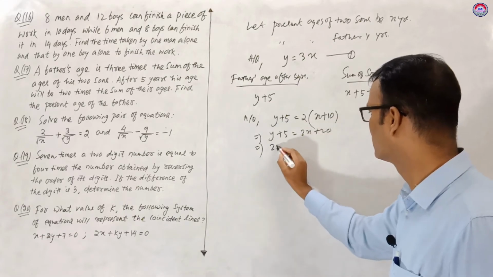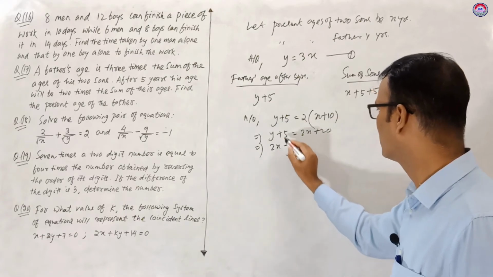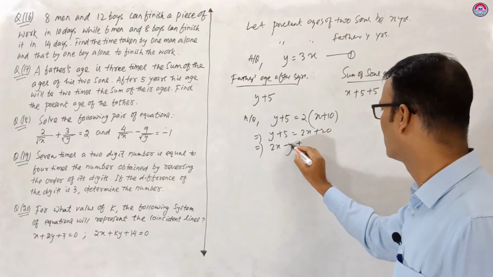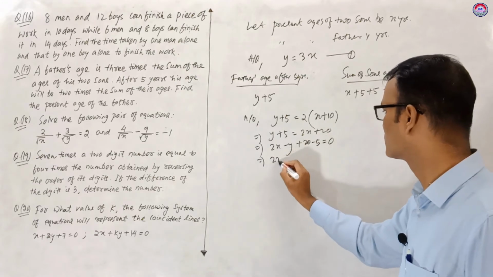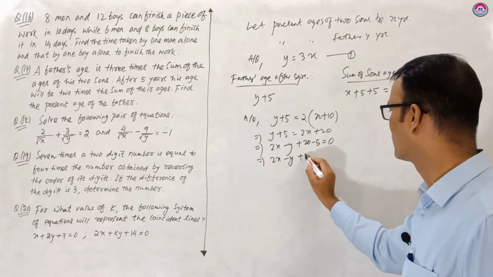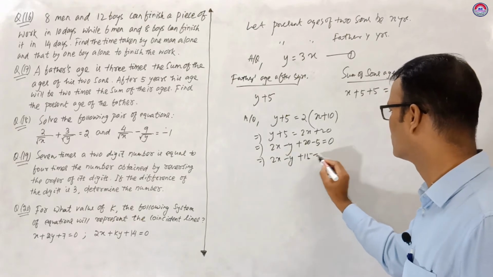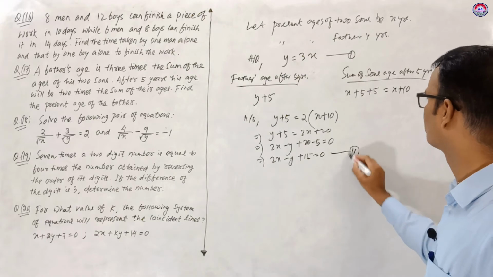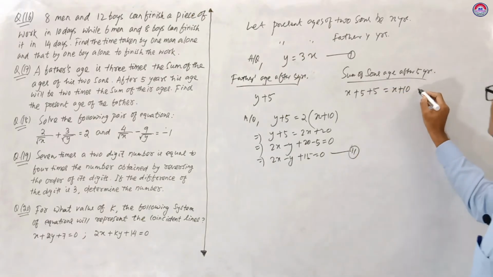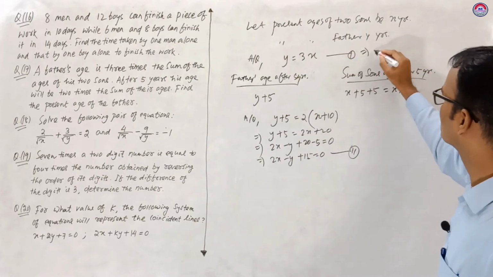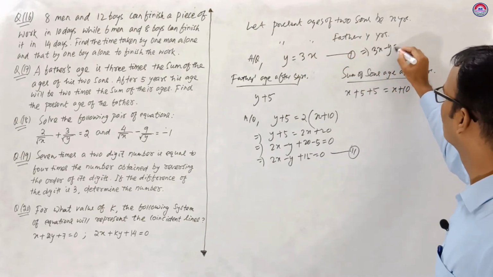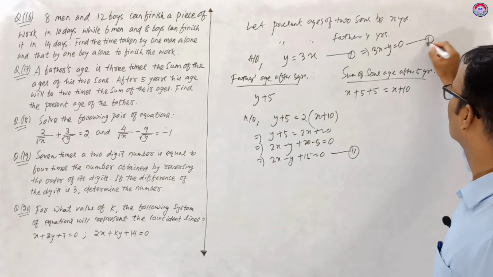Take the right side: 2x minus y plus 20 minus 5 equal to 0. So the equation is 2x minus y plus 15 equal to 0. It is equation 2. This is equation 1, y equal to 3x. We can change this equation to 3x minus y equal to 0, and call it equation 1.